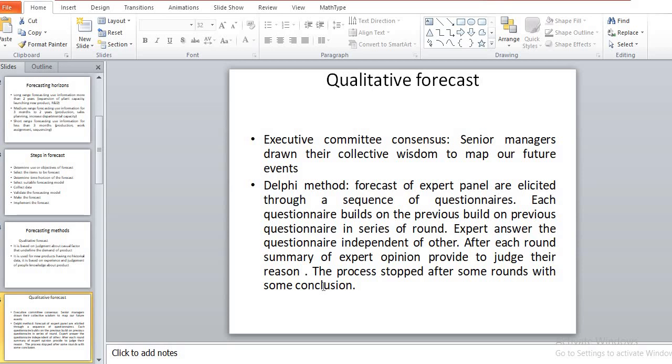According to the opinions of the different senior managers, they make a collective opinion, and that decision will be considered for the forecasting of the product.